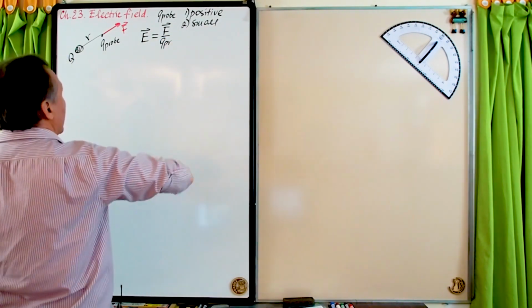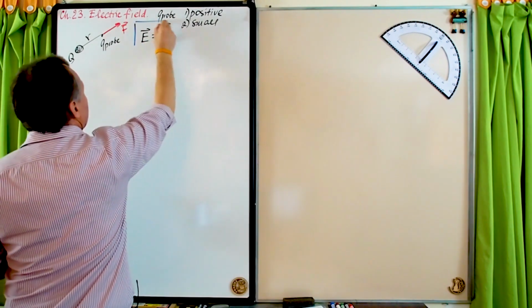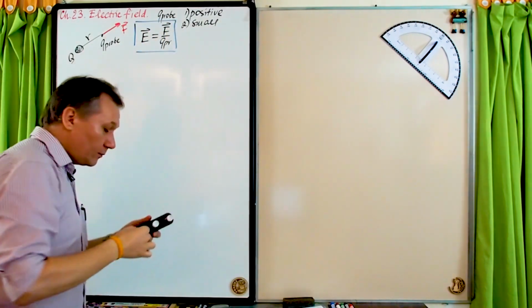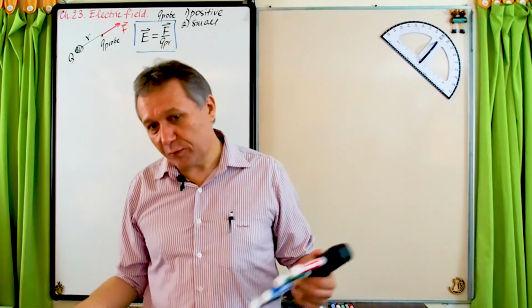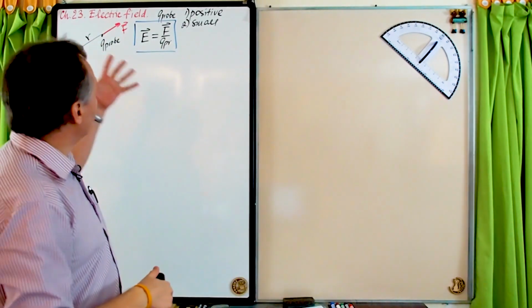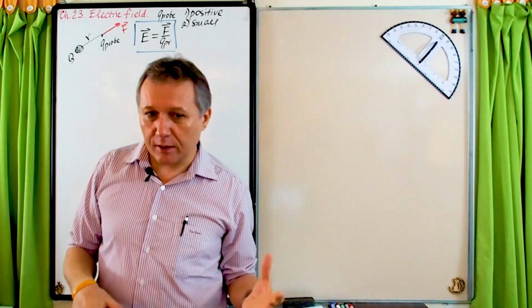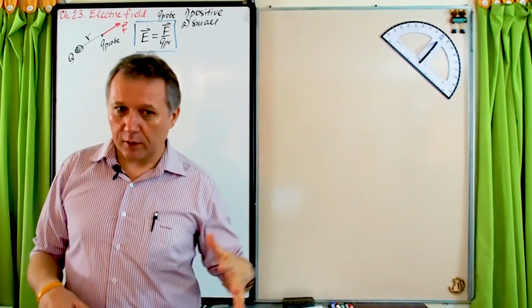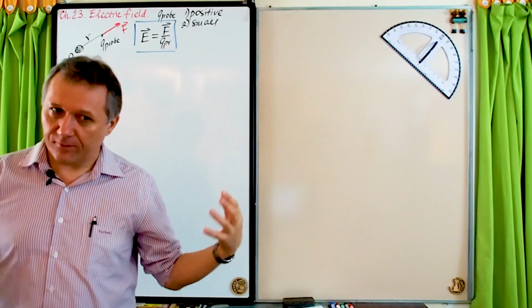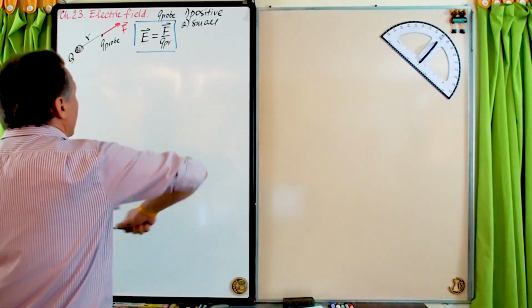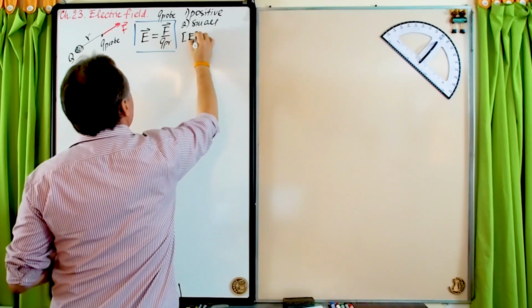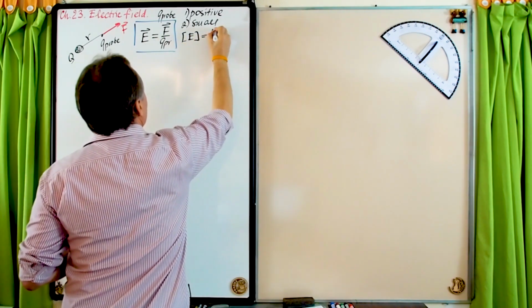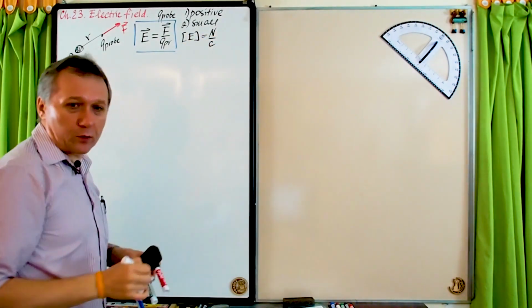And units, there are no special units. For me, it's kind of unfair because the electric field is one of the fundamental quantities in physics overall, like the electric field and the magnetic field, very, very important. But it's not a big deal. The units of the electric field are just whatever you see in the formula, newtons divided by coulombs.